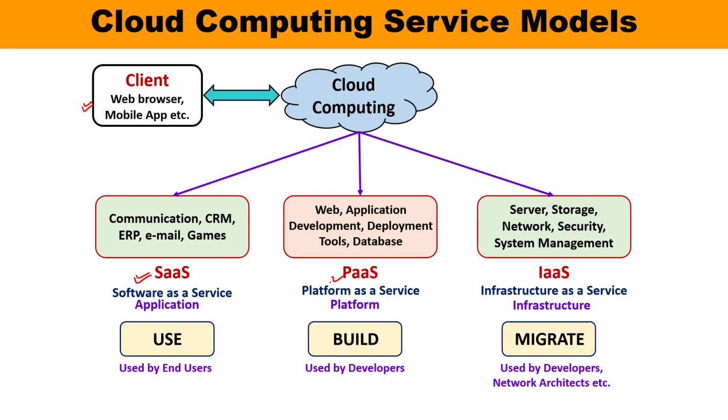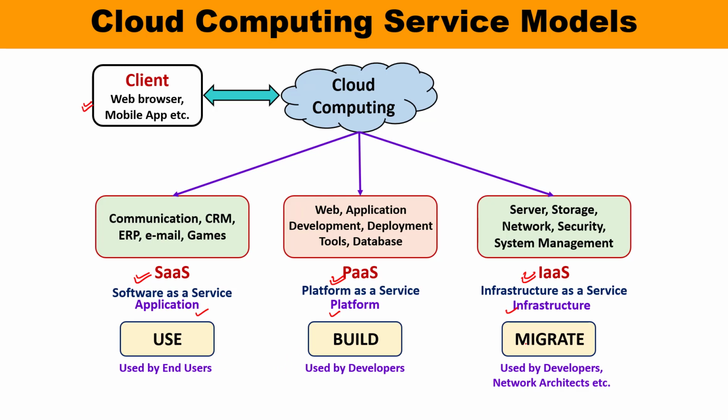Platform as a service means platforms can be provided as a service, while infrastructure as a service means infrastructure can be used as a service. So SaaS means application, PaaS means platform, and IaaS means infrastructure.